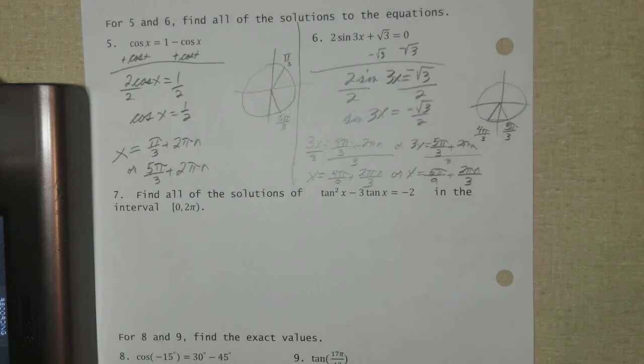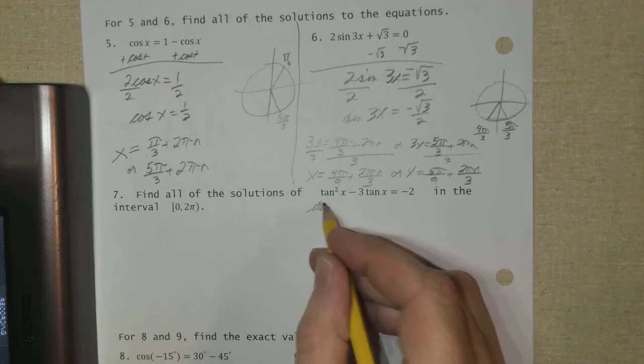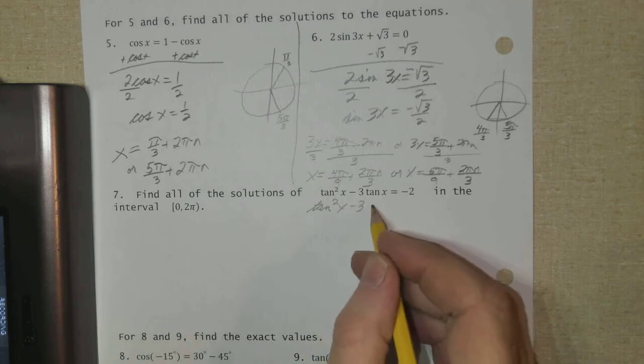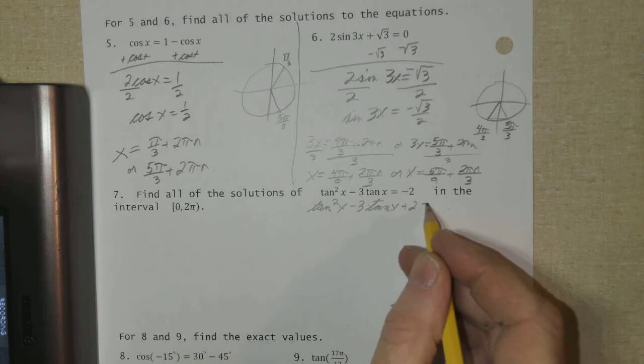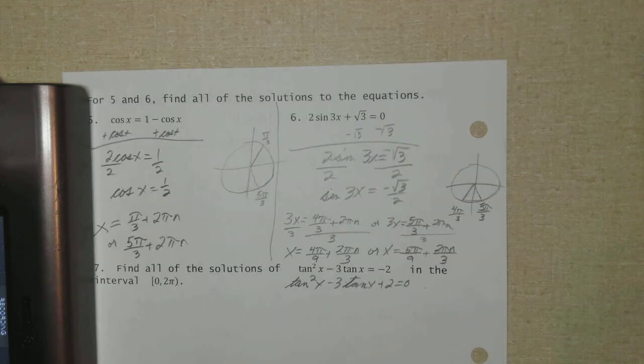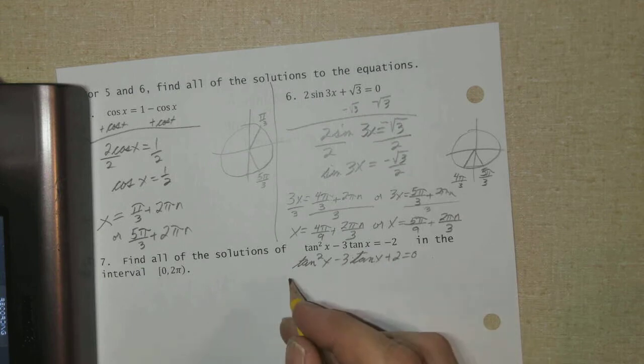Alright, now number 7. Find all of the solutions of tangent squared x. So let's do that. We got tangent squared x minus 3 tangent x plus 2 equals 0. I'm doing that because I think I'm going to factor. And you know what multiplies to 2 and adds to negative 3?